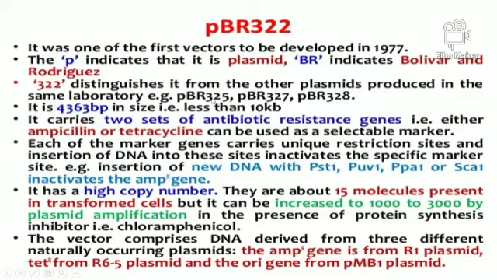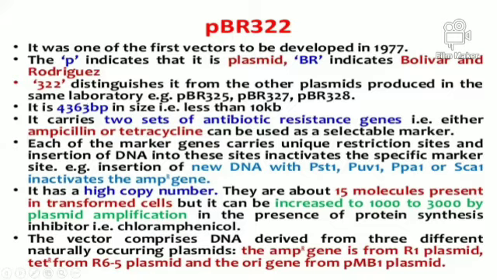That is pBR325, pBR327, pBR320. So these are the different vectors produced in this laboratory, but out of these, pBR322 is the most important and is easily used. So P indicates the plasmid, BR indicates the names of the scientists, and 322 is the number of the plasmid produced in the laboratory.